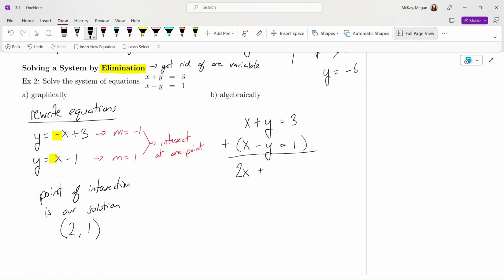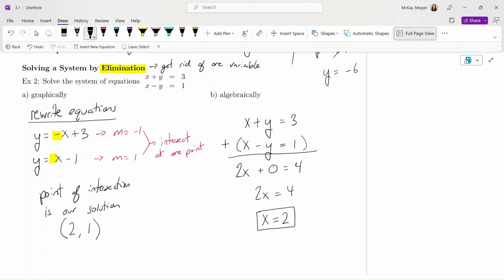That ends up with 0. And we have to look at the other side of the equal sign as well. 3 plus 1 gives us 4. Now you don't have to write this plus 0 here, but it's nice to have just for completeness. Alright, but that gives us 2x is equal to 4, and one more step, x is equal to 2.